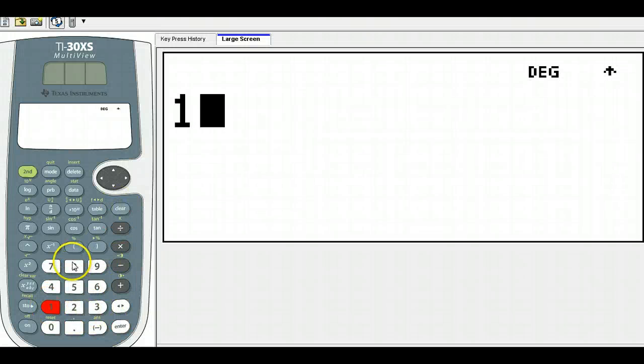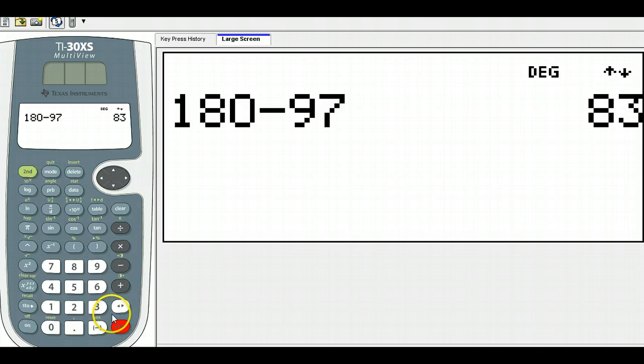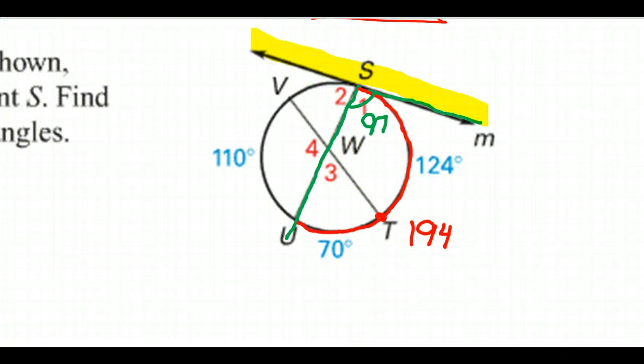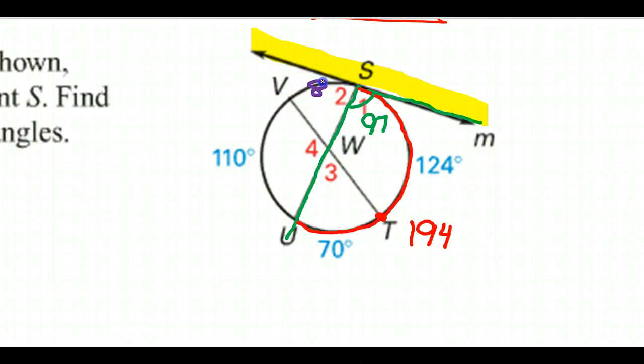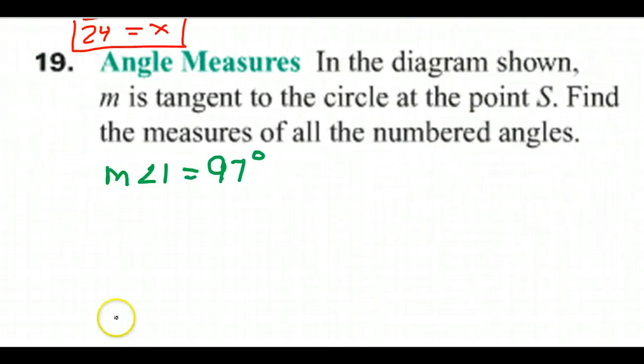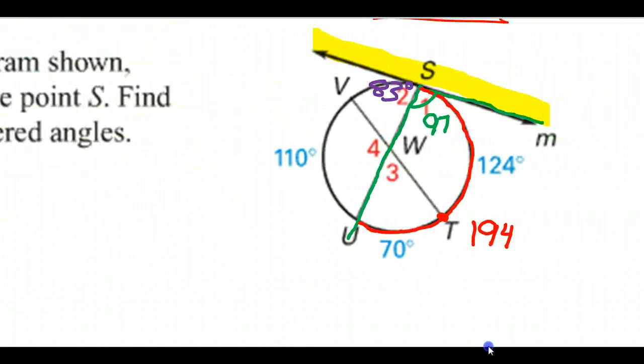So if I simply go 180 minus 97, that should give me the measure of angle 2. So that's 83 degrees. So this is 97 over there, but meanwhile, this is 83 degrees over here. If I add those up, I should get 180 because it makes a straight line. So the measure of angle 2 is 83 degrees.